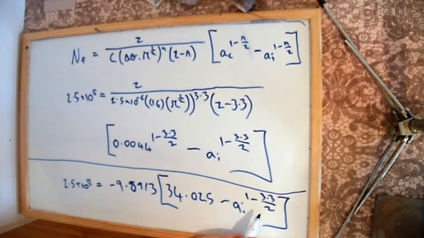You can break this power down as well, and you can find out that it's actually equal to minus 13 over 20.